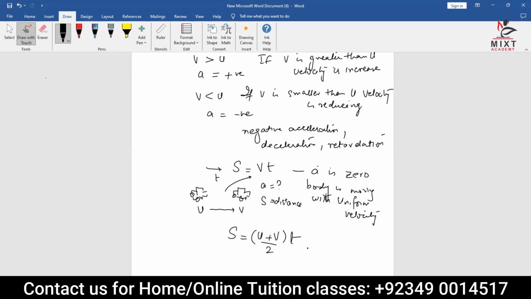So the formula we can use to find the distance is S equals (u plus v) divided by 2 into t. I want you to write that because this is the formula with which we will proceed further and deduce a new formula.